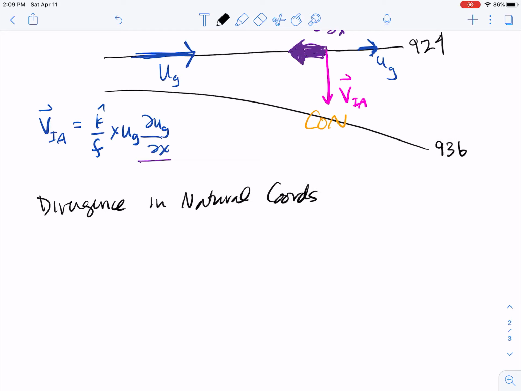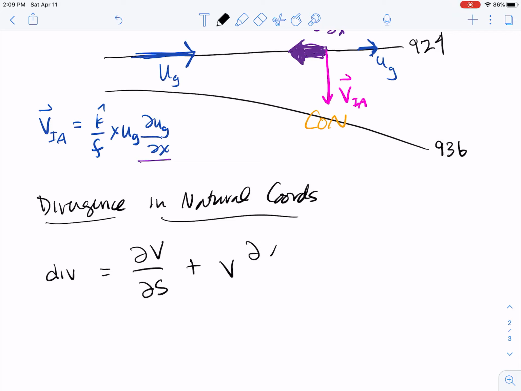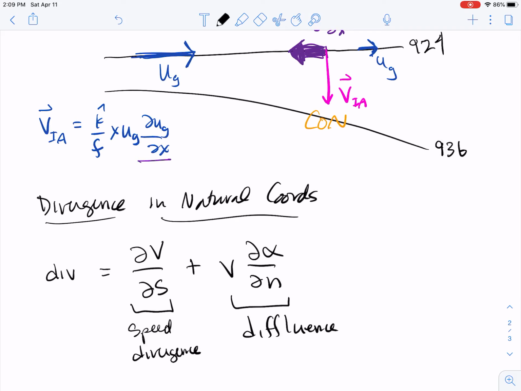Just like we can do vorticity in natural coordinates, we can also do divergence in natural coordinates. So we'll say div equals dV/ds plus V d(alpha)/dn. The first term is speed divergence, and the second term is where we get diffluence, or difluence, depending on how you talk about it, potato, potato.